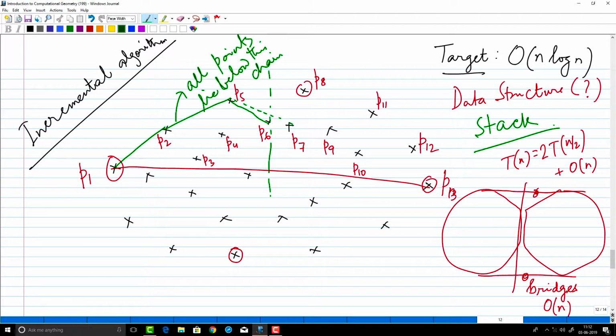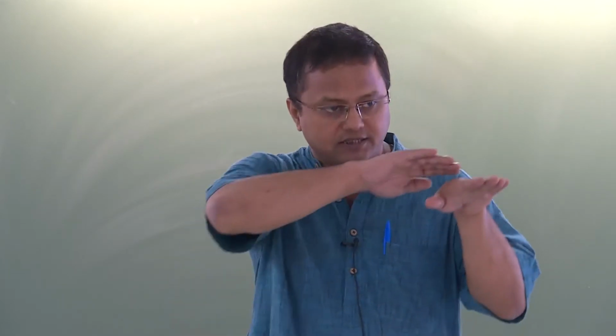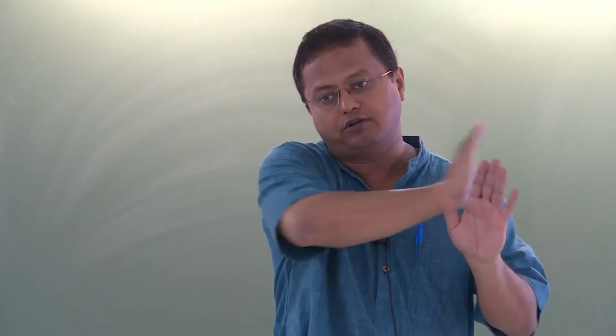The order on the stack, top to bottom, is the right to left order of the points on the hull. Mind you, points which are below the old chain are never going to reappear on the hull, that I am sure. So, in the stack I only store the points on the hull till now, in a right to left order, fine.